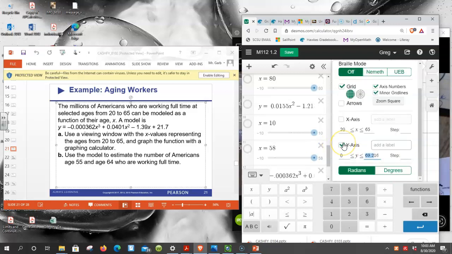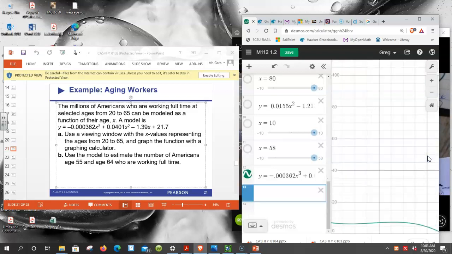Oh, 200 million would be now, so let's say 100 million. I'm making that up, because I know the population is 300 million. So there you go. There's your graph down here.